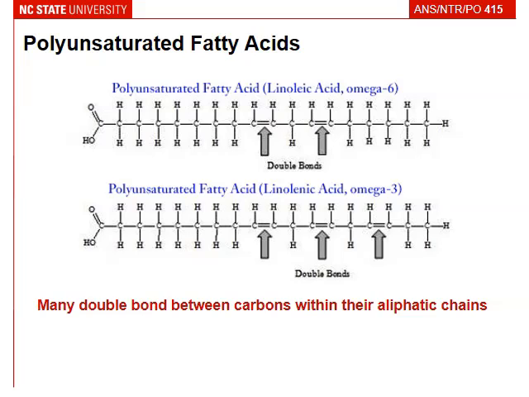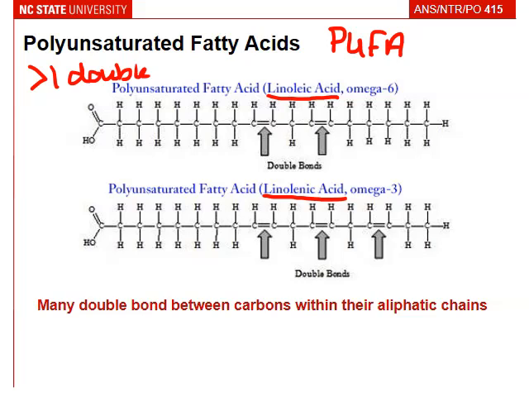And then our last classification is our polyunsaturated fatty acids, which are also referred to as PUFAs. The two most common polyunsaturated fatty acids are linoleic acid and linolenic acid. And the poly, you could see here, means greater than one double bond. So you can see that linoleic acid has two double bonds.